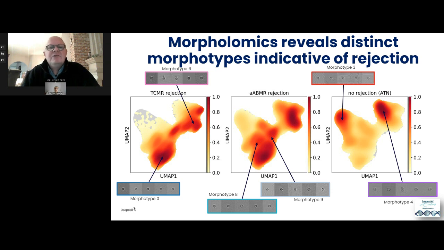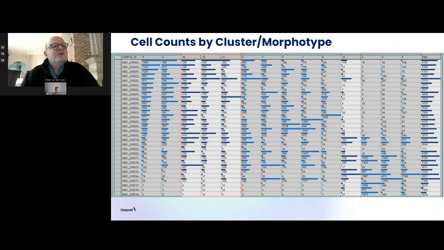These different morphotypes have numbers, and for each of the morphotypes you have exactly the cell counts. That is pretty informative, because you see the samples on the left in the first column, and then morphotype number 0, morphotype number 2. In terms of the cell counts, they very much resemble each other.